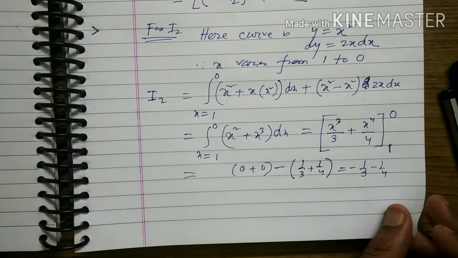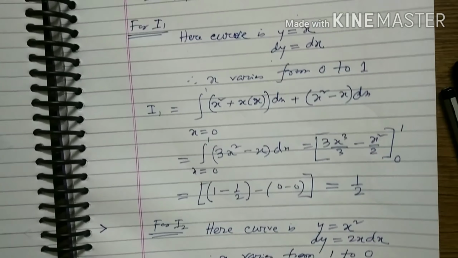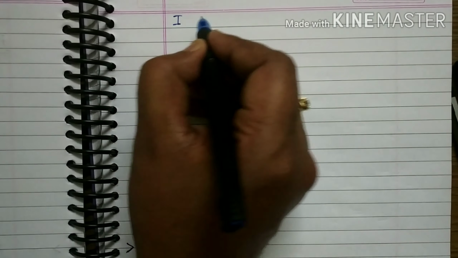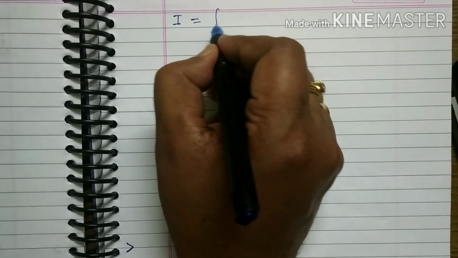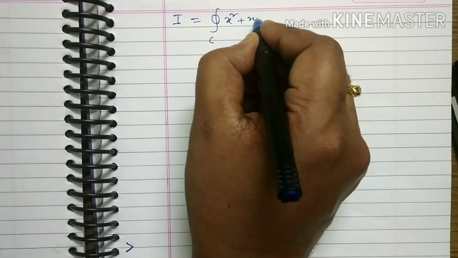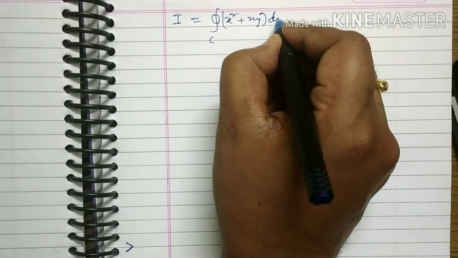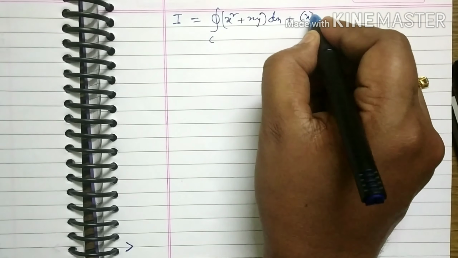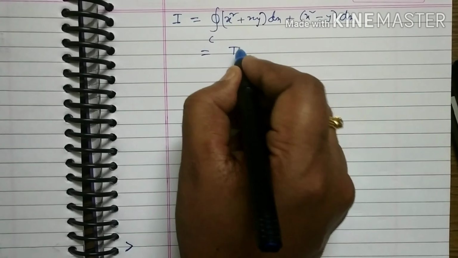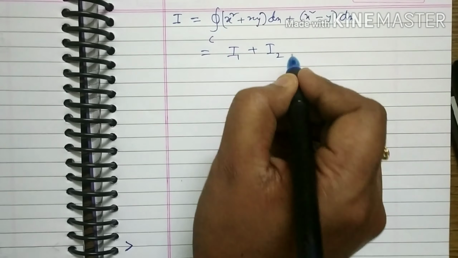Therefore we are at the final stage. I equals the integral over C of x square plus xy dx plus x square minus y dy, which equals I1 plus I2.